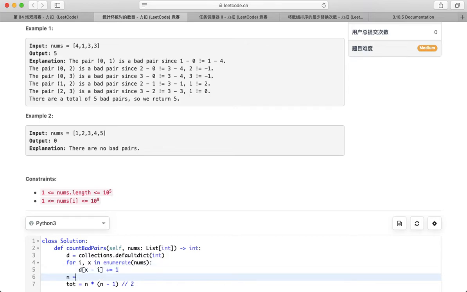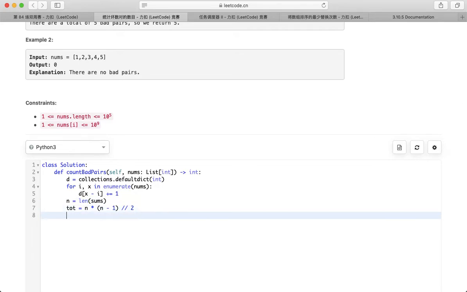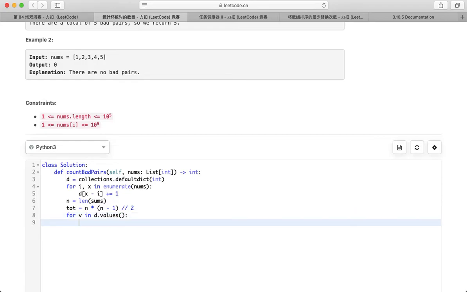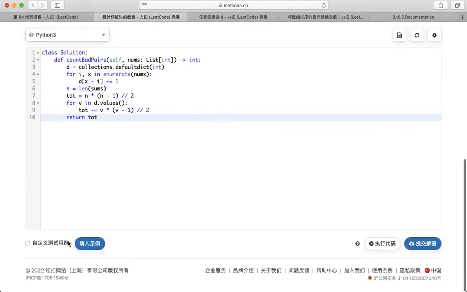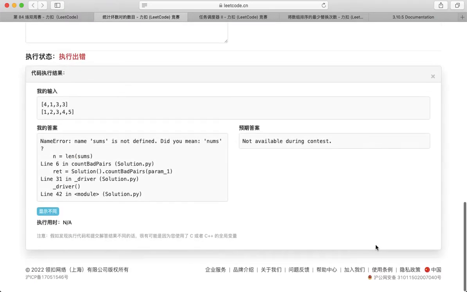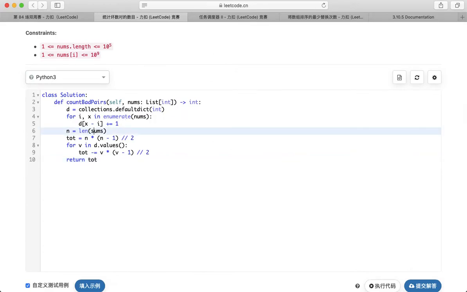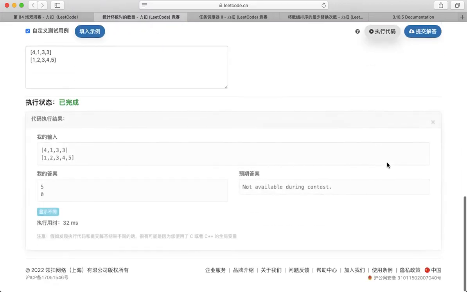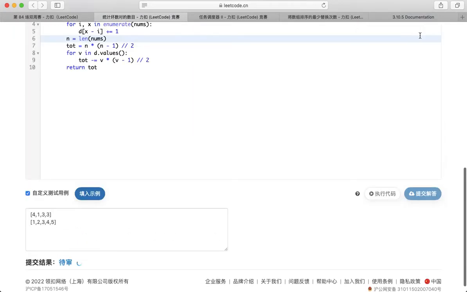I hope I got this correct. And each one of them gives, it's the same formula, v times v minus 1 divided by 2. 5, 0. Great.